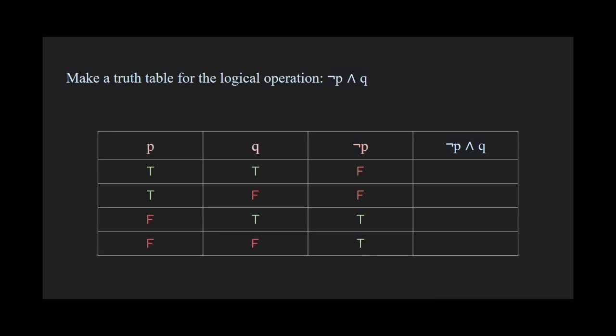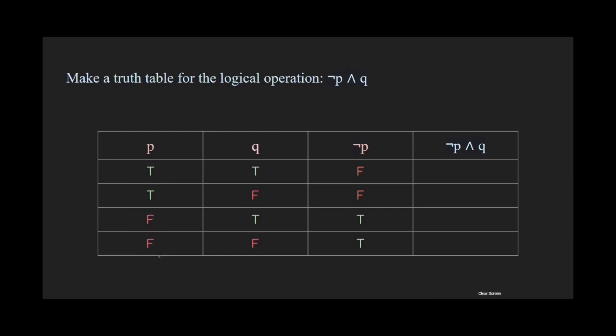Now let's make a truth table for the logical operation of negation of P and Q. I would like to make a little disclaimer. Always make a column for the negation of a proposition. I've seen many people make the mistake of trying to do it in their head because they have a column for the original.